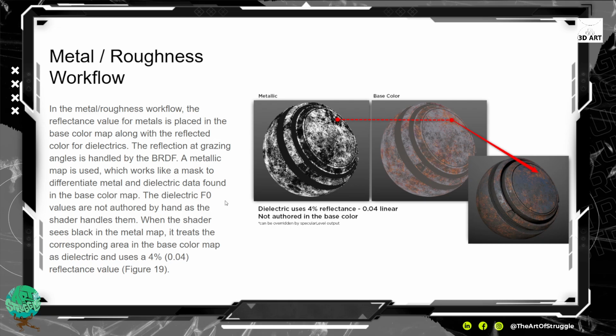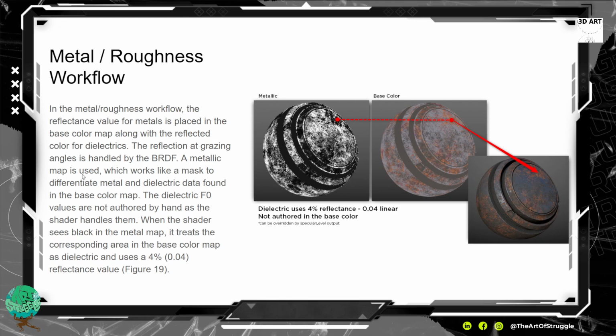All right. So in the metal roughness workflow, the reflectance value for metals is placed in the base color map along with the reflected color for dielectrics. The reflection at grazing angles is handled by the BRDF.